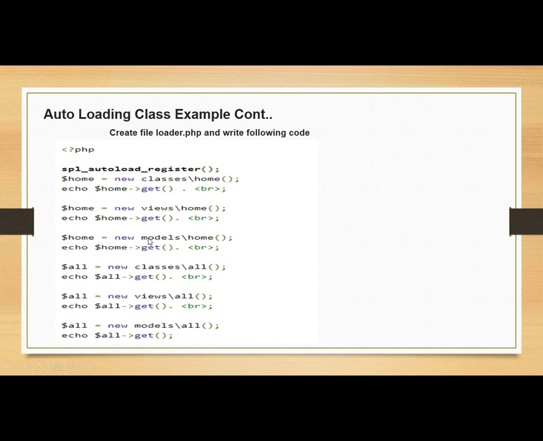Same for the view, same for the model, same for all. Simply, whenever we want to call any classes without writing the functions, then we can go for autoloading class.